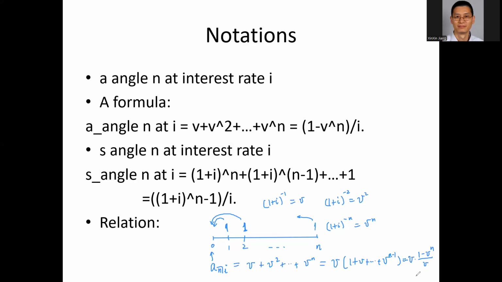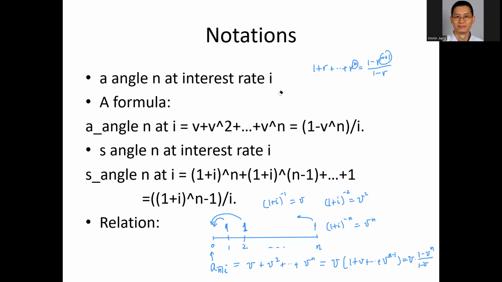And the formula is v times 1 minus v to the n over 1 minus v, sorry. The formula for a general geometric series is 1 minus r to the n plus 1 over 1 minus r. You have n here, you have n plus 1 here.